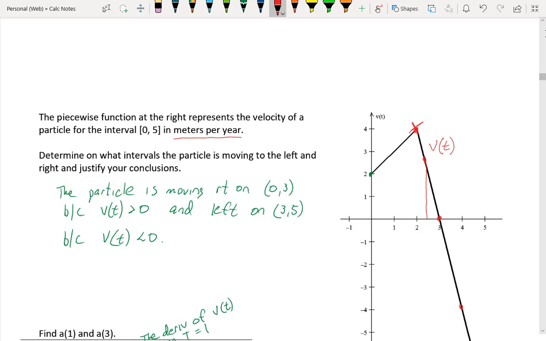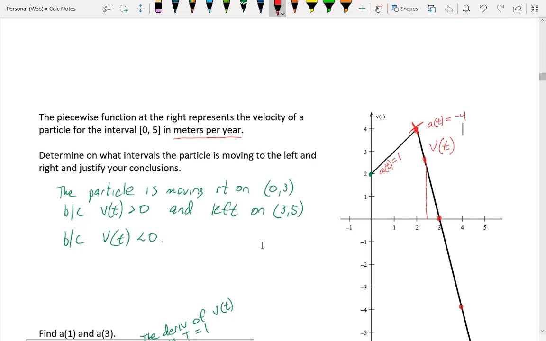But a talks about the derivative. And the derivative, as you approach 2 from the left, so we could say a of t here is equal to 1, and a of t here on this side is equal to negative 4. We calculated both of those earlier.